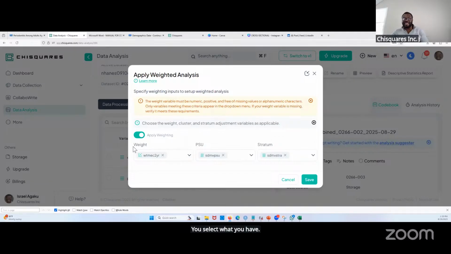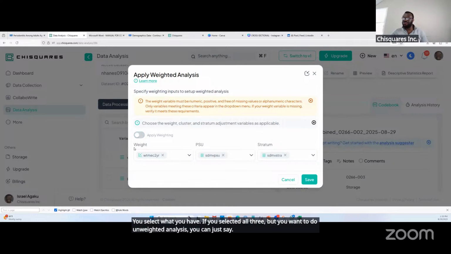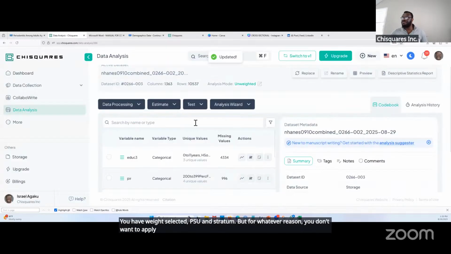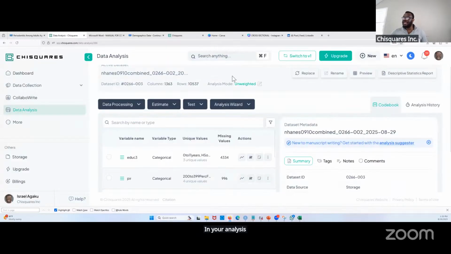If you selected all 3, but you want to do unweighted analysis, you can just switch this button off. So the platform knows that, okay, you have weight, PSU, and stratum selected, but for whatever reason, you don't want to apply those variables in your analysis. Again, the platform will switch to unweighted mode.